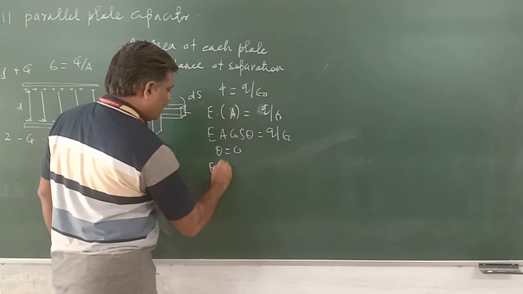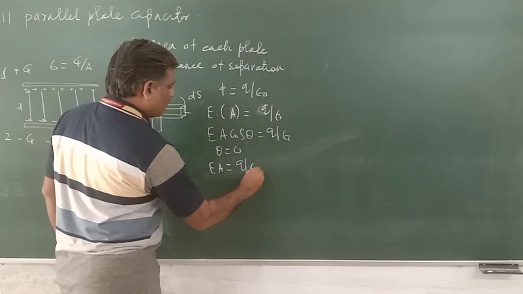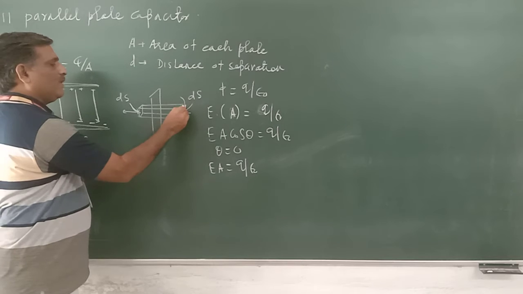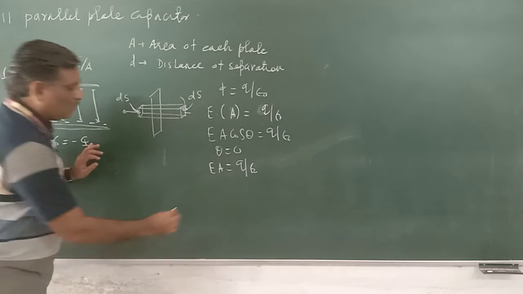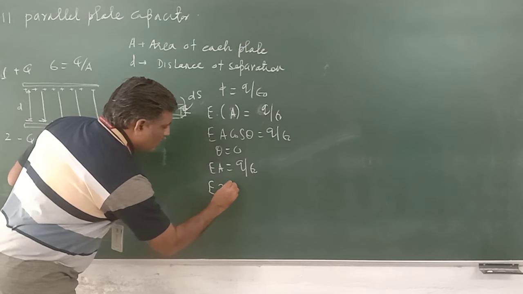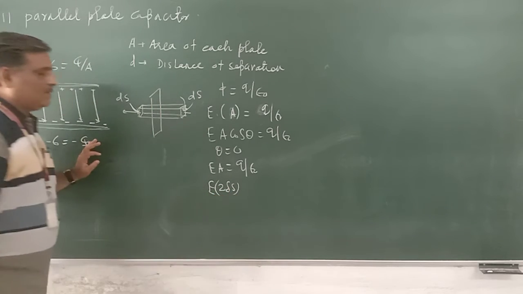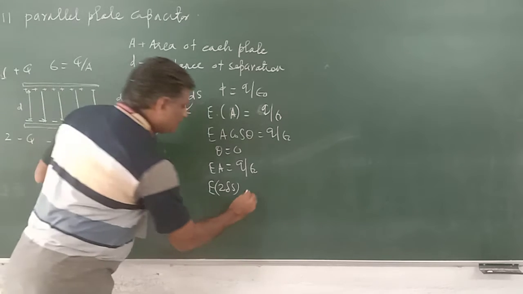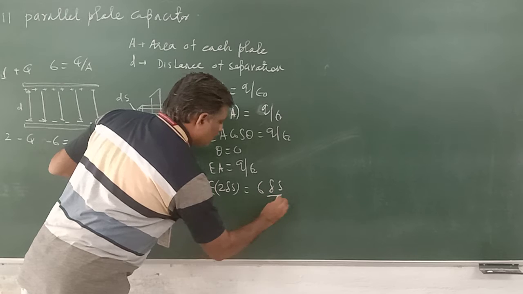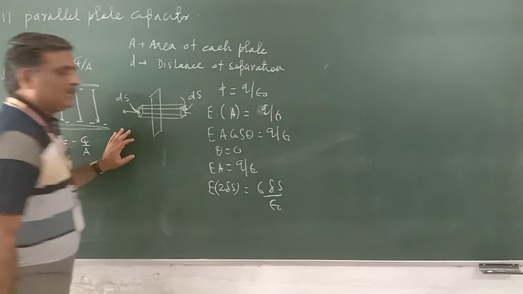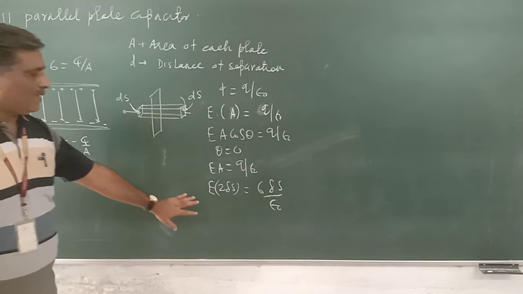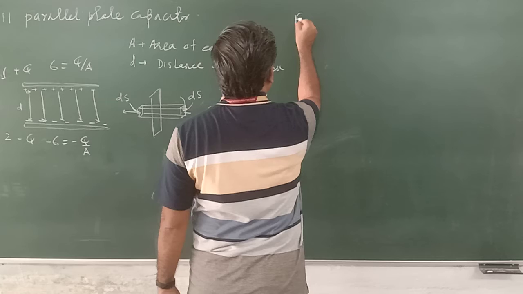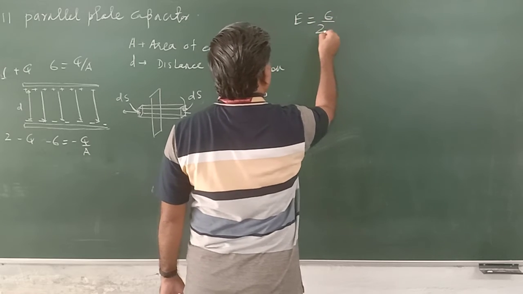It becomes E A is equal to Q divided by epsilon 0. But the area here is 2 delta S, one from this surface and one from this surface. So this is E times 2 delta S, and this Q is equal to sigma delta S, charge per area times area, divided by epsilon 0. From this we can easily see that E is equal to sigma divided by 2 epsilon 0.